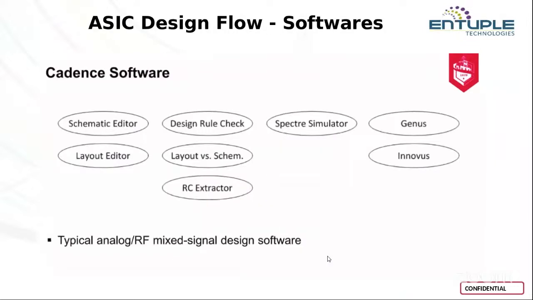There is the Spectre simulator, a wonderful simulator for analog circuits, and layout editors. Virtuoso layout; Virtuoso is the topmost tool in Cadence. Then we have layout LVS process and RC extraction for these analog circuits. Meanwhile, the other two big giants are the synthesis tool, Genus, and the physical design tool, Innovus. So these are the general tools everyone is using, right?